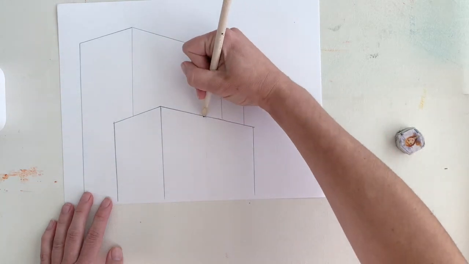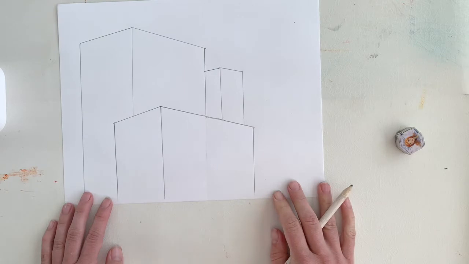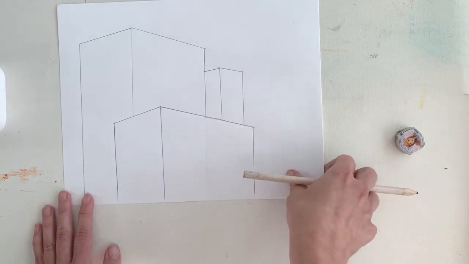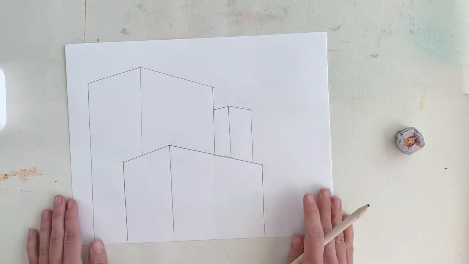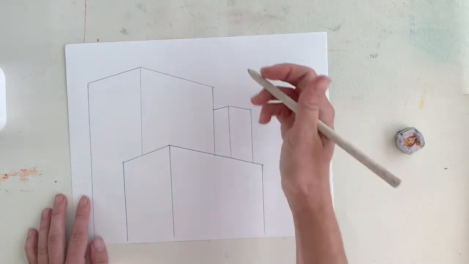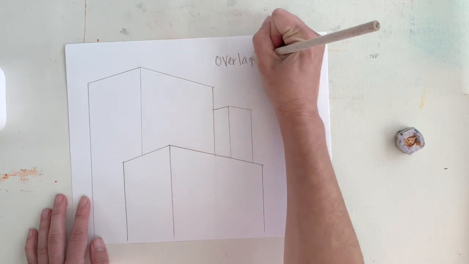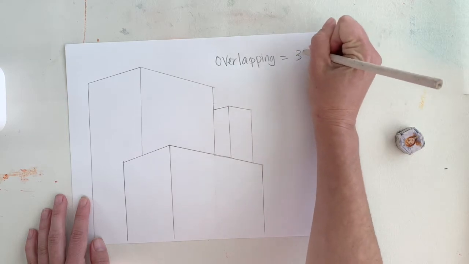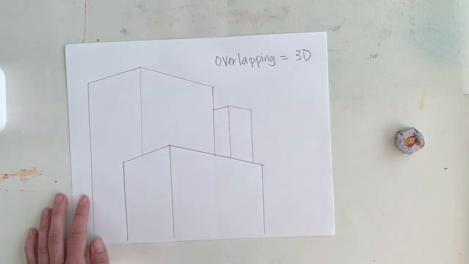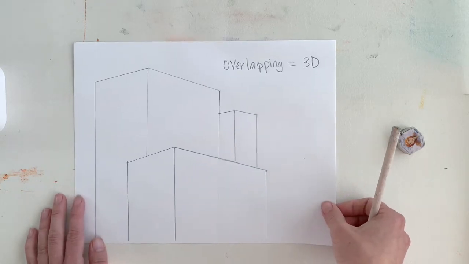I know we're not drawing buildings in our war monuments, but we are drawing sort of architectural structures. The main point of this little demo is that overlapping gives us the illusion of 3 dimensions, the illusion of depth.